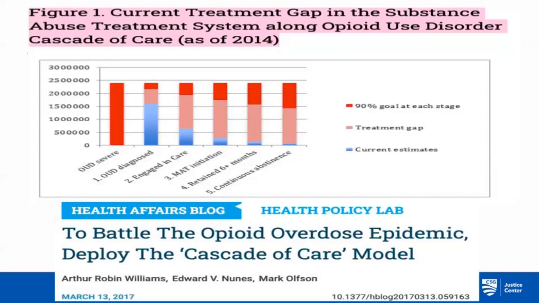And it continues in terms of who stays in care for 6 months, and then who's continuously abstinent or not reusing. So you can see here the cascade can tell a picture.